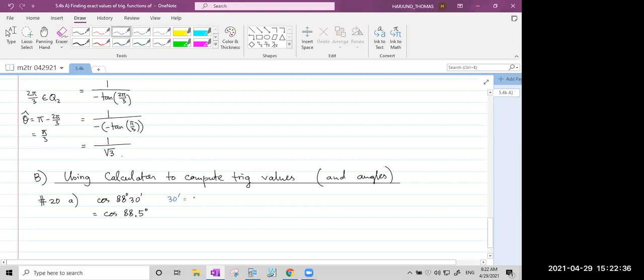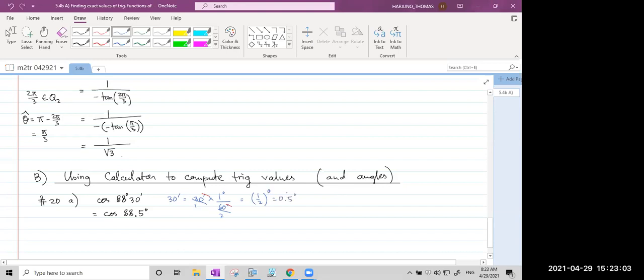That's 30 minutes times 1 degree over 60 minutes. That way we can cancel the minutes, and 30 over 60 is 1 over 2. So this is equal to half a degree, which is 0.5 degree.